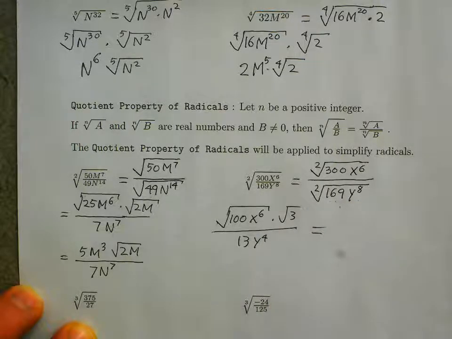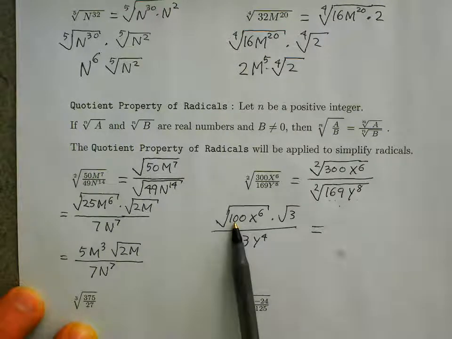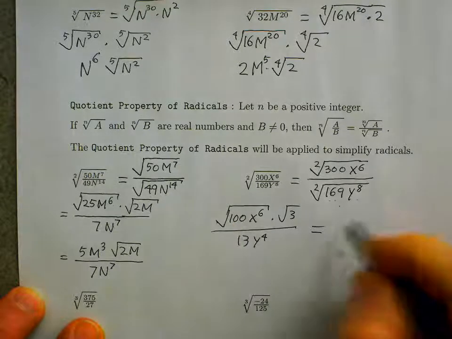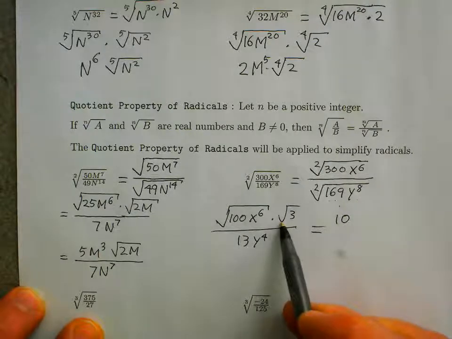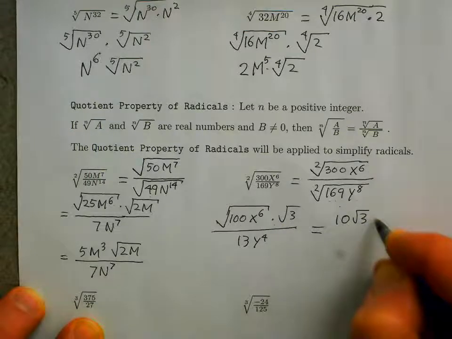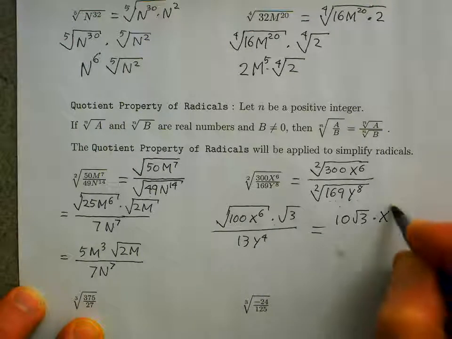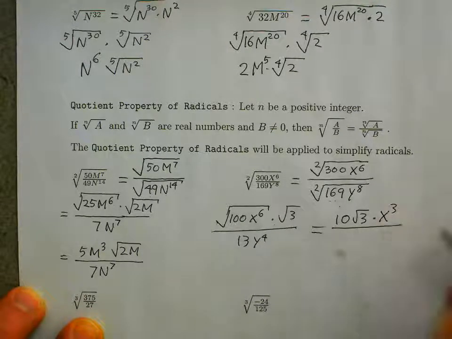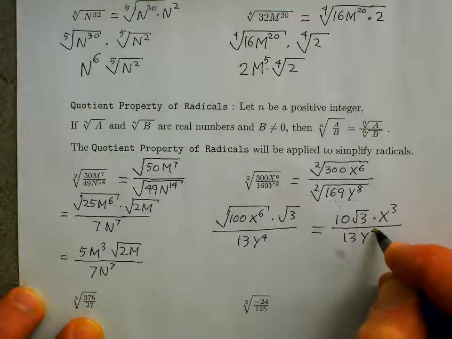And now we're just one step away. The square root of 100 is 10. It's more conventional to put the numerical factors farther to the left, so I'll write 10 times the square root of 3, and then the square root of x to the sixth is x to the third. And the denominator is 13 times y to the fourth.